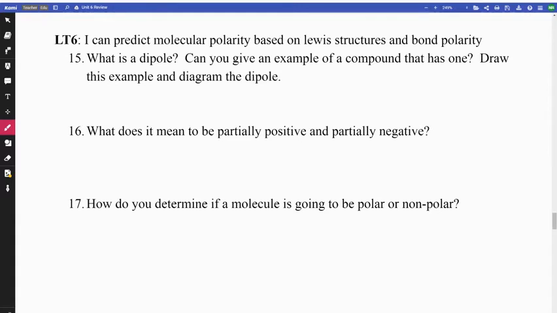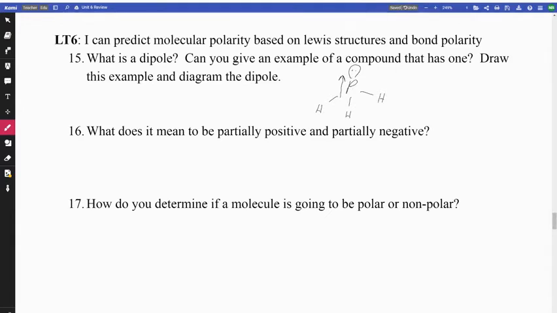So when you have, let's say, PH3, and we have our lone pair here. Okay, so the P is more electronegative than the H's. So the P is pulling the electrons up this way, and the H's are not pulling as strongly.